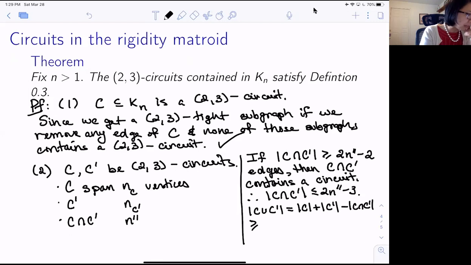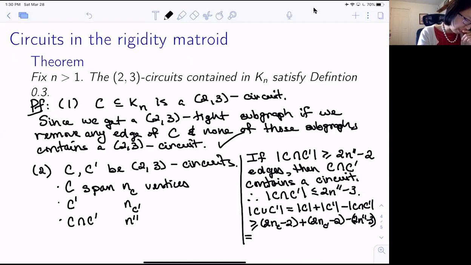Because C is a circuit, I know it has 2nC minus 2 edges. Because C prime is a circuit, I know it has 2nC prime minus 2 edges. And I know that the intersection has less than or equal to 2n double prime minus 3 edges. So I'm going to put 2n double prime minus 3 here. Okay, so I get that inequality.